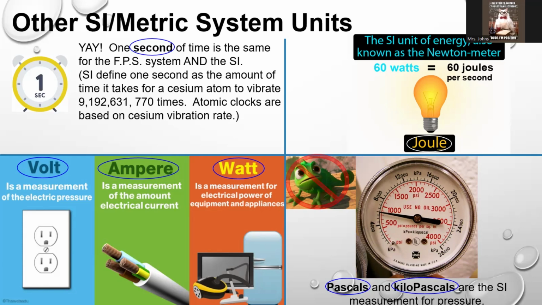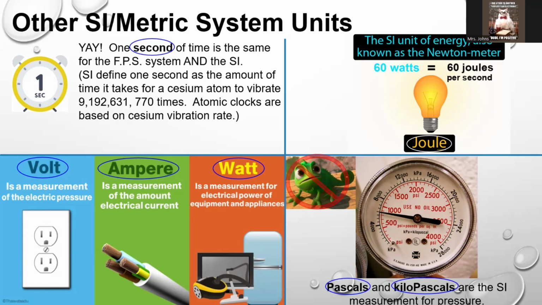However, you might not know scientifically what a second is. Did you know that 1 second is the amount of time that it takes for a cesium atom to vibrate 9,192,631,770 times?